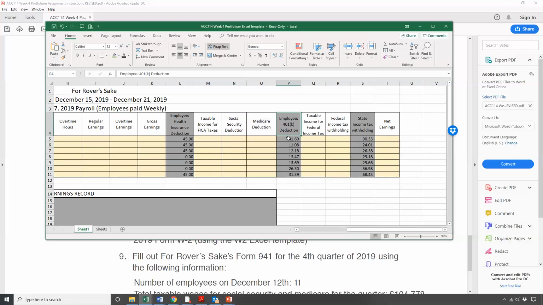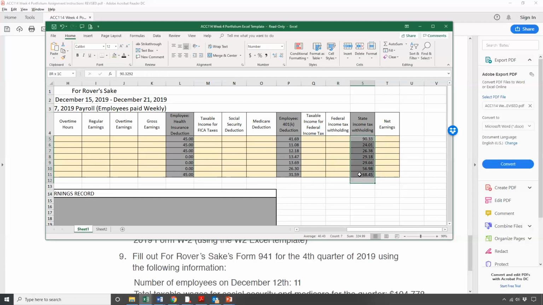And then your 401k is going to come out. So the taxable income for federal income tax is going to be your gross earnings less the health insurance, less your 401k to come up with the taxable amount to calculate your withholding off of. So that's going to go in here. And then this is going to be your withholding. We're going to use the bracket method to do that.